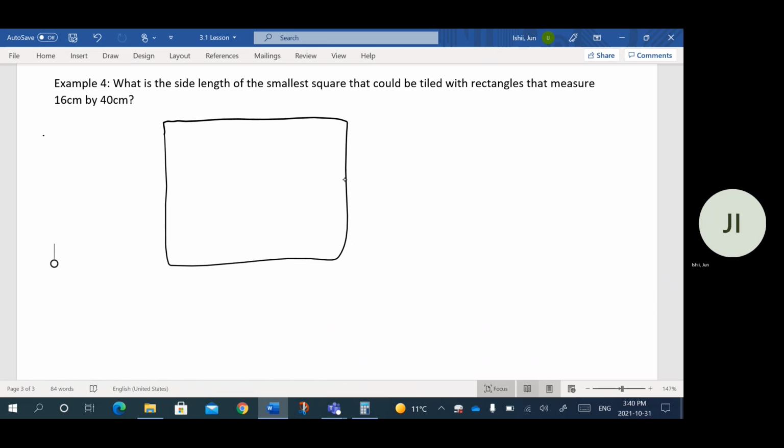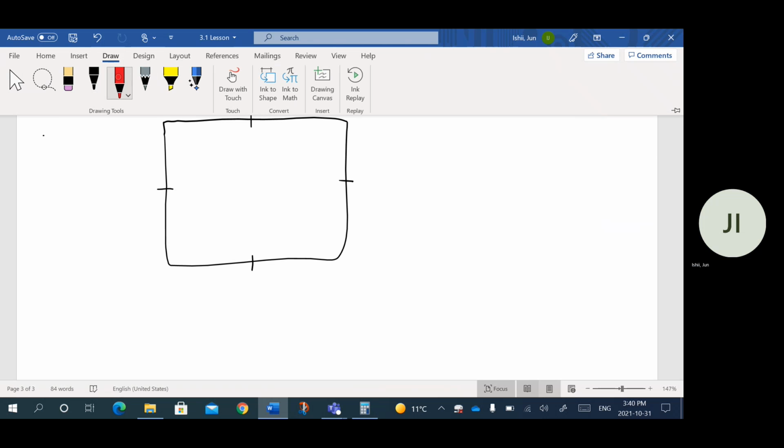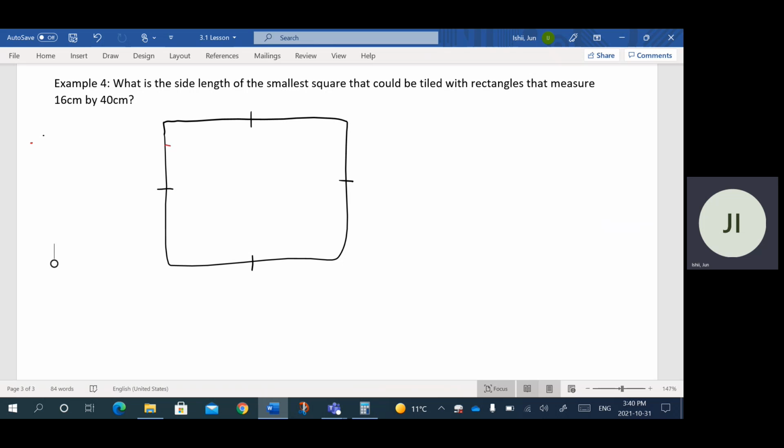So that means this length is equal to this length and so on. All four sides are the same length, if we were to use rectangles that measure 16 by 40. Inside here, I'm going to tile these with rectangles that are 16 by 40, down this way as well.